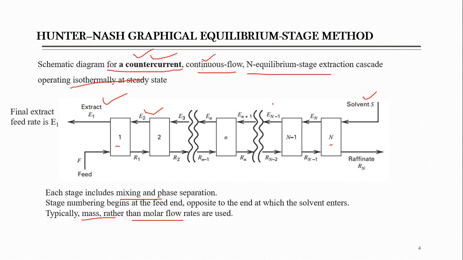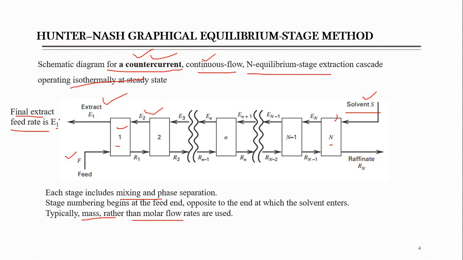You can see that the solvent enters from the end opposite to the feed. The feed enters from this end and the solvent from the opposite end, and the solvent-rich stream leaves from stage 1, because it entered from stage N. The final extract flow rate is E1 because it is leaving from stage 1, hence the subscript 1, and E is extract.